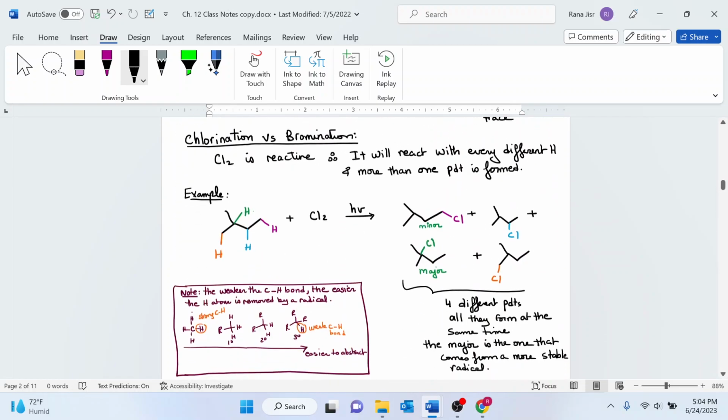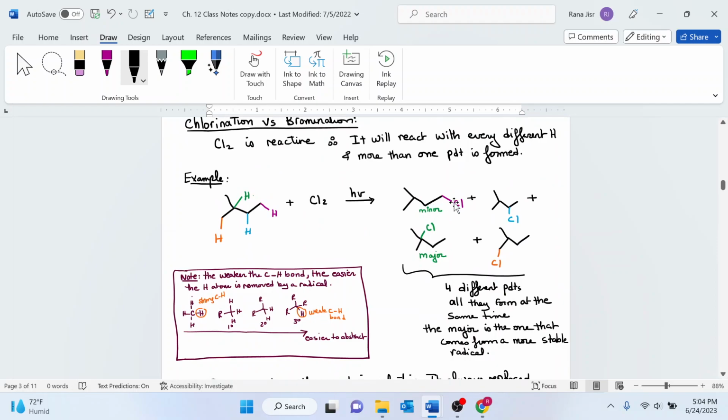So this one is going to have a different propagation step than this product, than this product, than this product, because you are replacing here the primary hydrogen by the chlorine. Here you're replacing the secondary hydrogen by the chlorine, here the tertiary hydrogen, and so on. So you're going to be creating different radicals as you go.